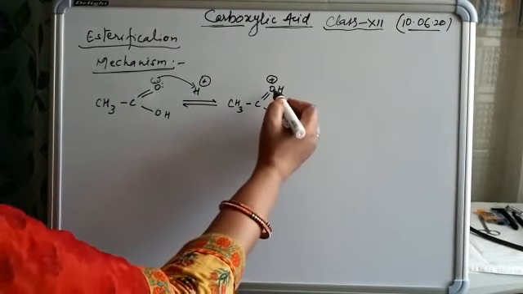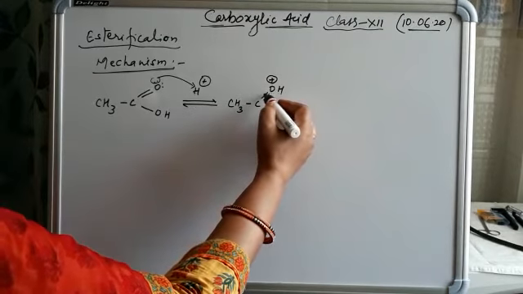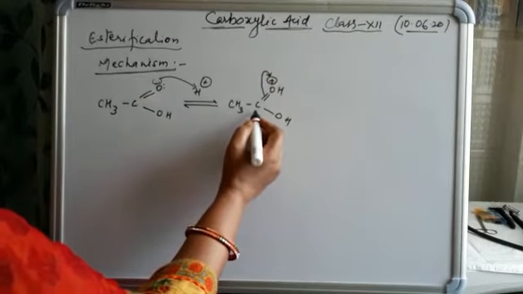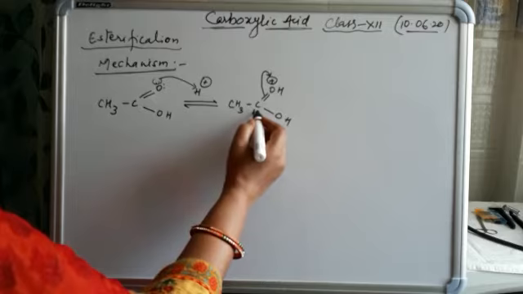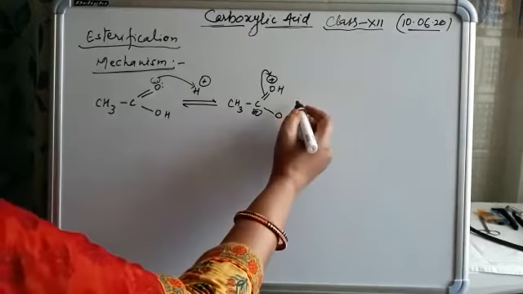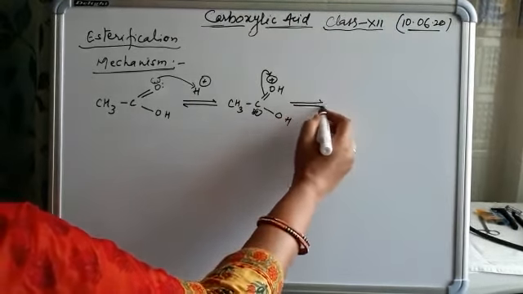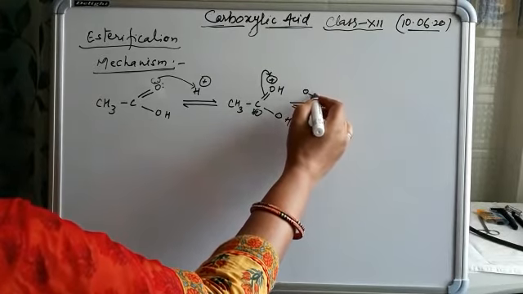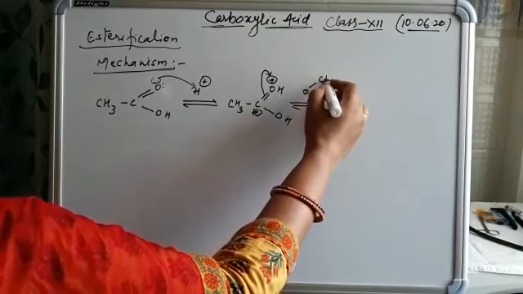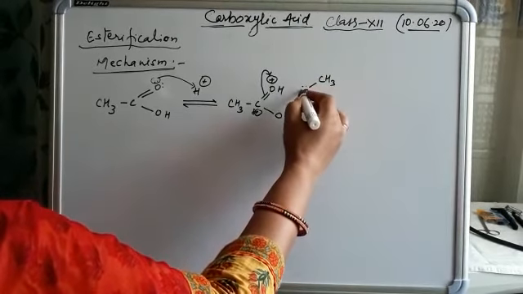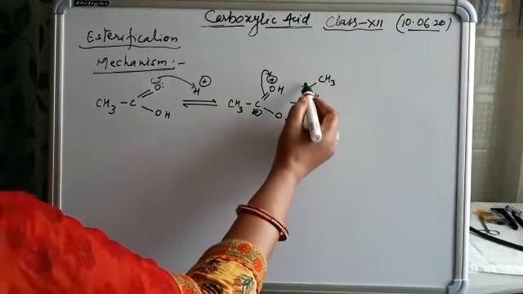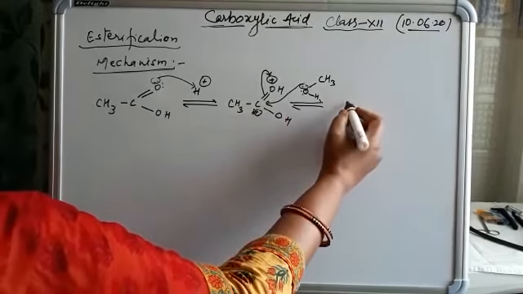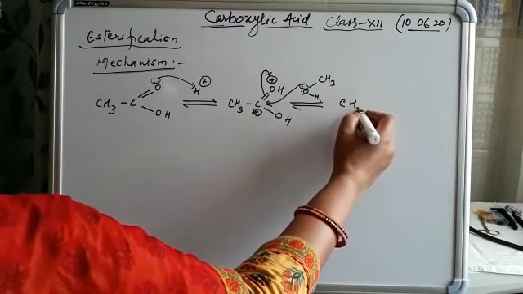When the positive charge appears on the oxygen, it becomes unstable, so it pulls the pi electron towards itself. In that condition, positive charge appears on the carbon, and then the alcohol oxygen gives its electron to the carbon, and see here what happens.